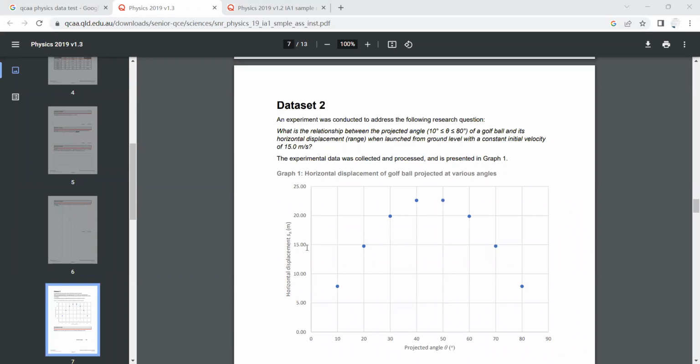In that case, the horizontal axis would be horizontal position and the vertical axis would be vertical position. While here is the relationship between the horizontal displacement and the projected angle, so it's different.